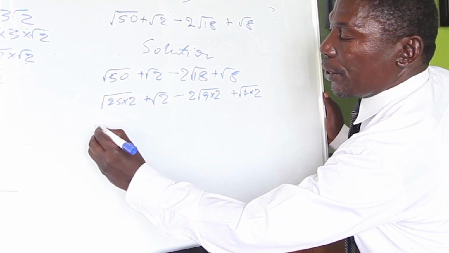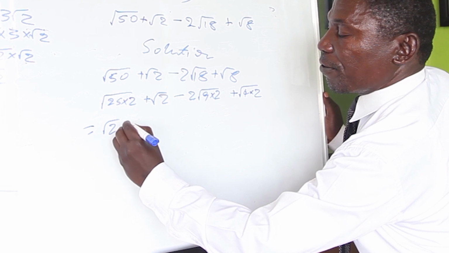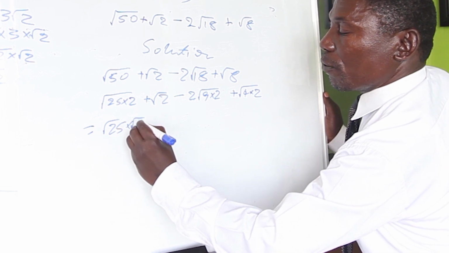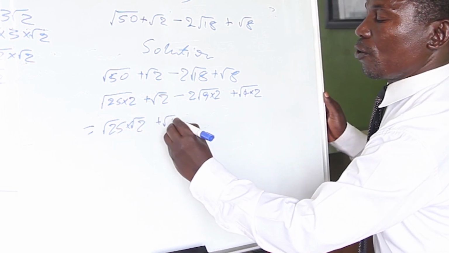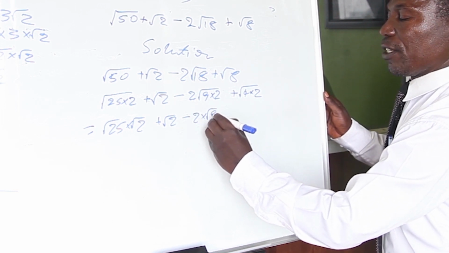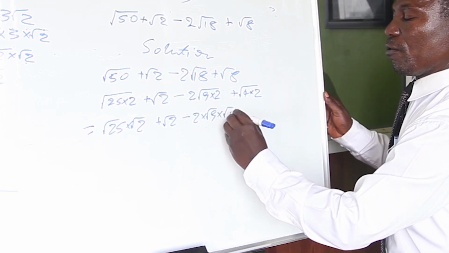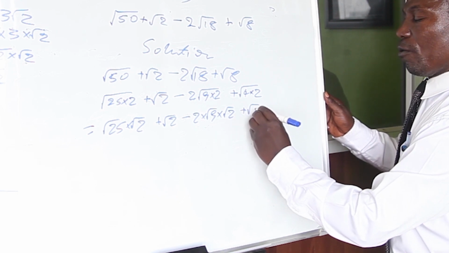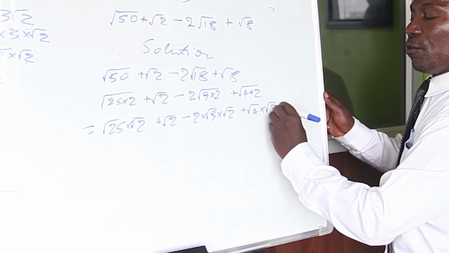So this will be the square root of 25 times the square root of 2, plus the square root of 2, minus 2 times the square root of 9 times the square root of 2, plus the square root of 4 times the square root of 2.